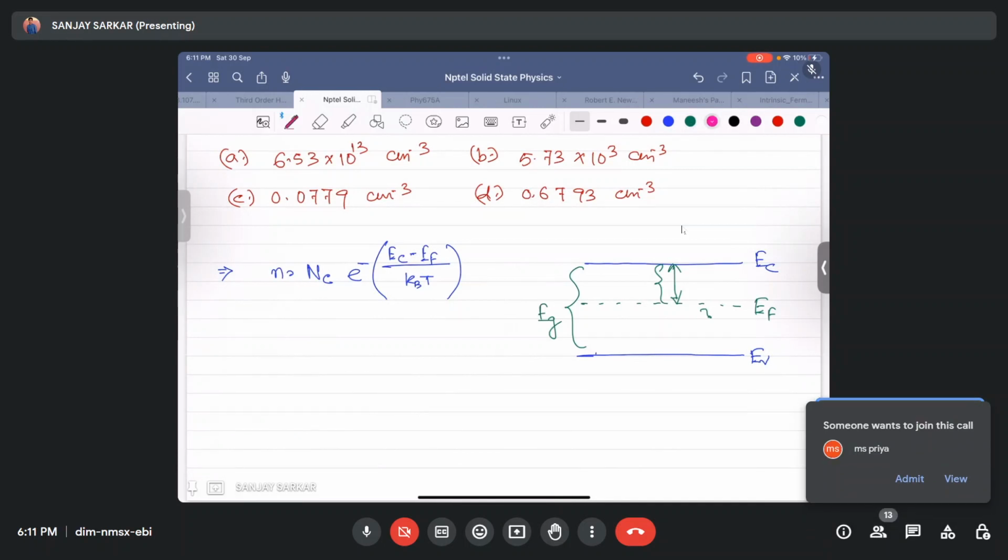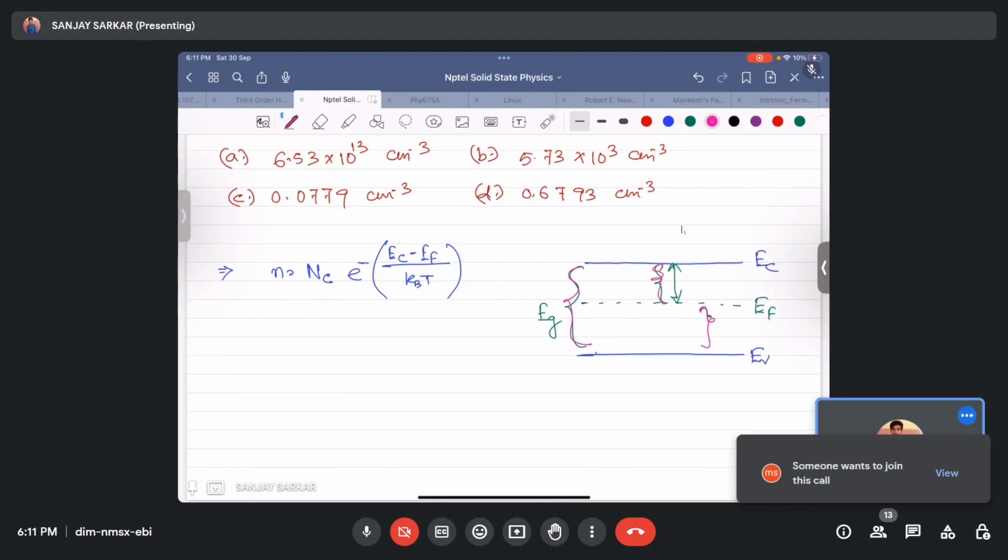Let me use a different color. These two energies are given, so you can definitely calculate this energy by subtracting from the Eg.